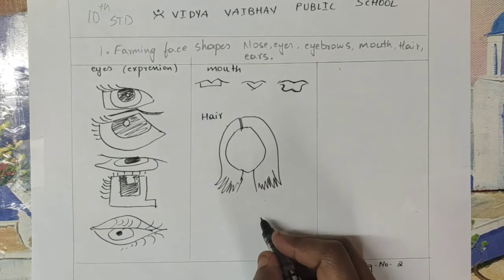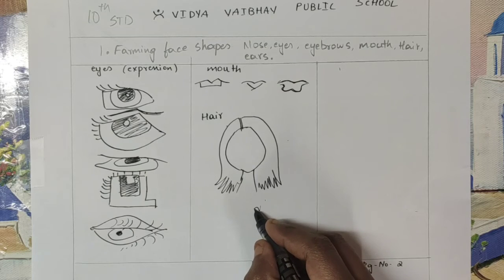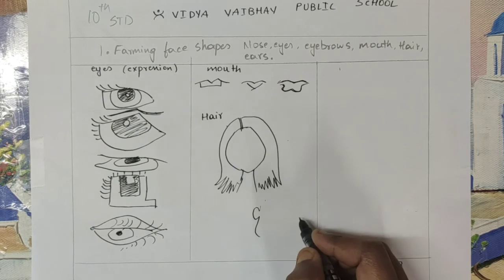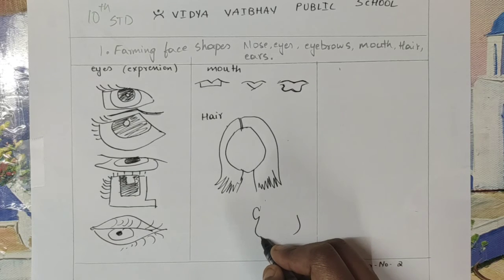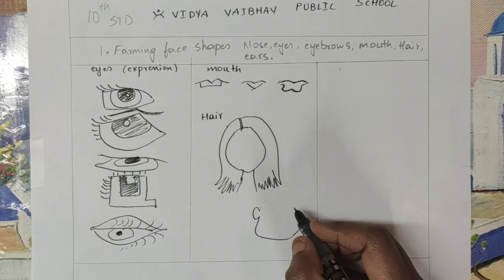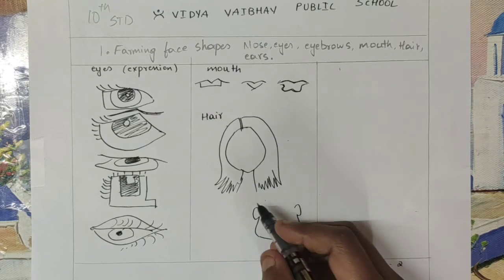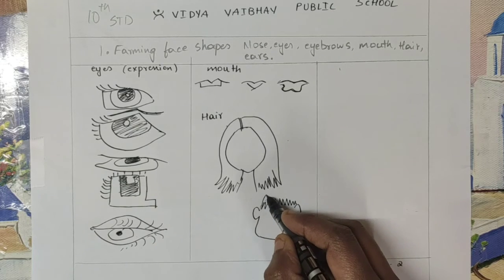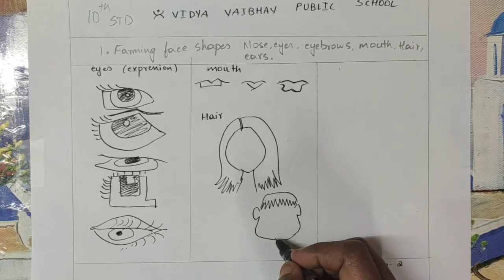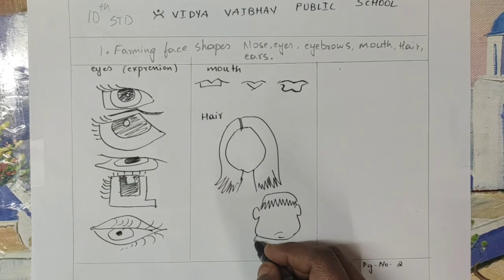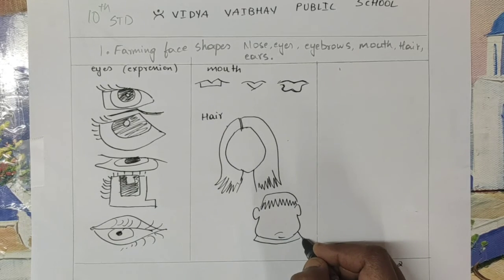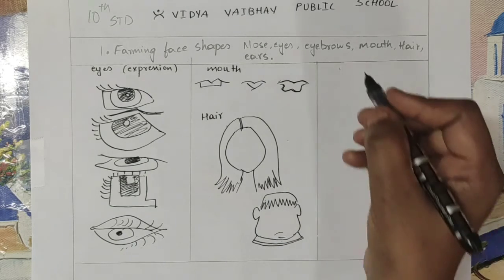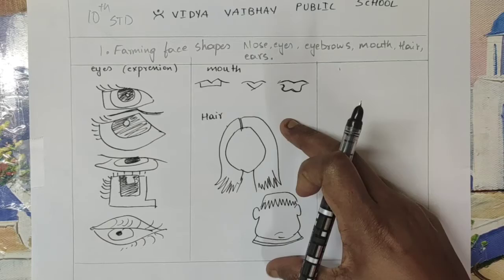Okay, then I'll try one more. You can see, I'll draw, because caricature is nothing but imitating a character, right? We are imitating the character. Right, here hair is fine.